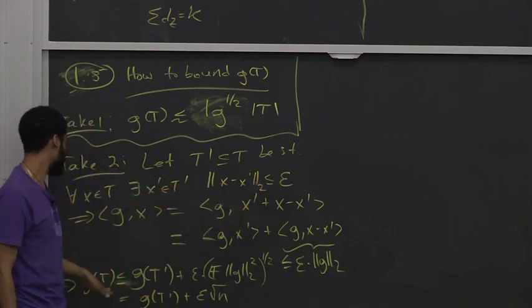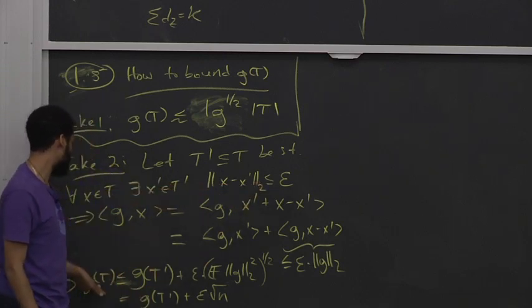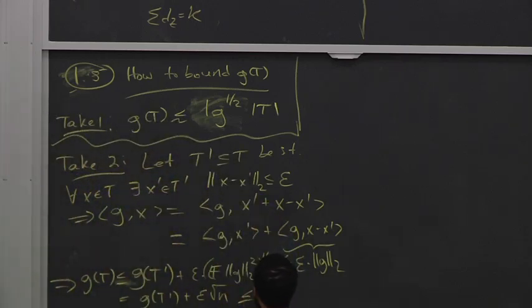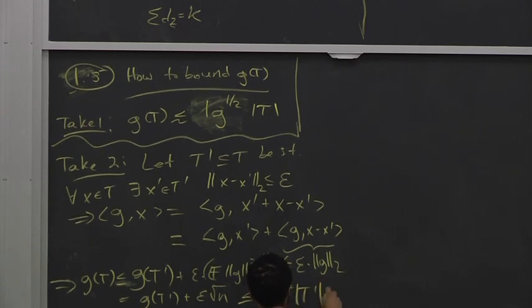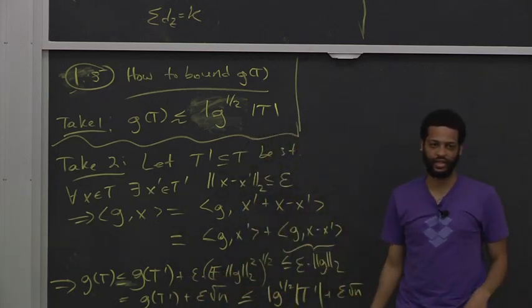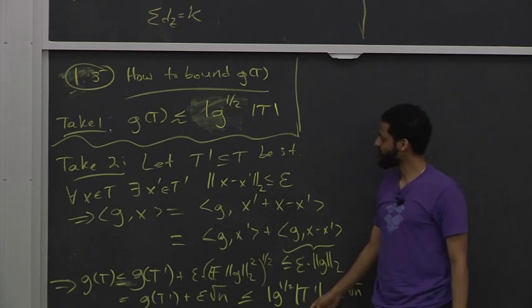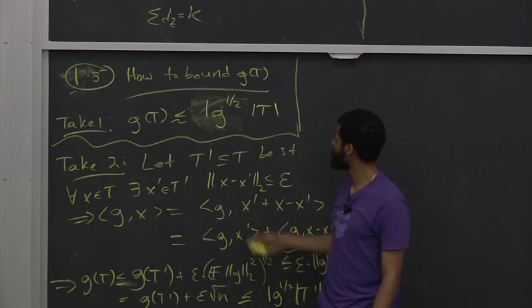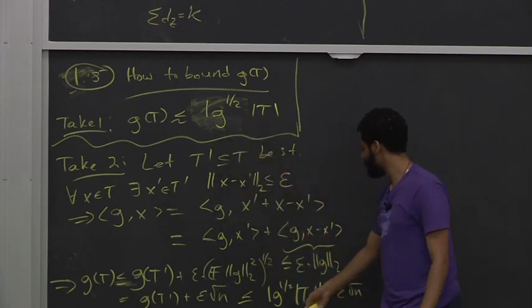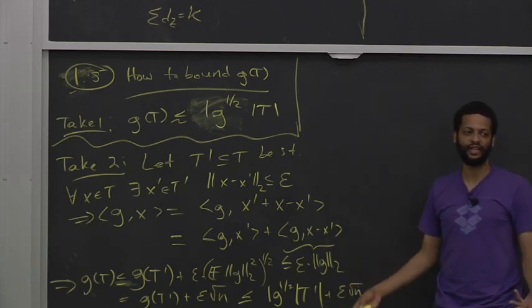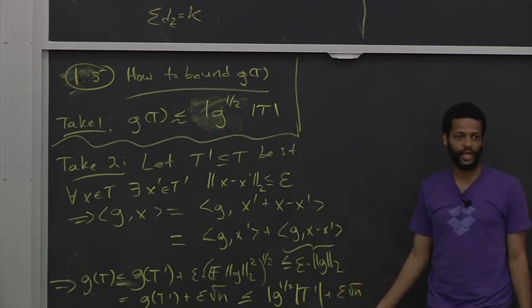Finally, we can say this is at most root log the size of t prime plus epsilon root n, because in general g of t is never bigger than root log of the size of t. So if the vectors in T are well clustered, the size of t prime is way less than the size of t. So this is better, and we just need to take a fine enough net such that the epsilon term doesn't matter. That's another way to go about things.